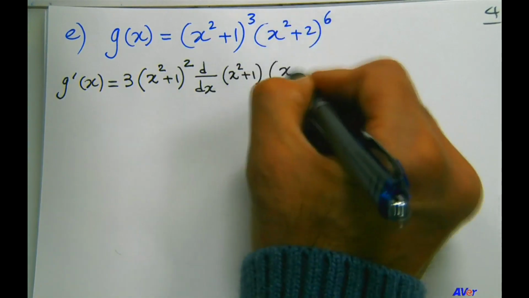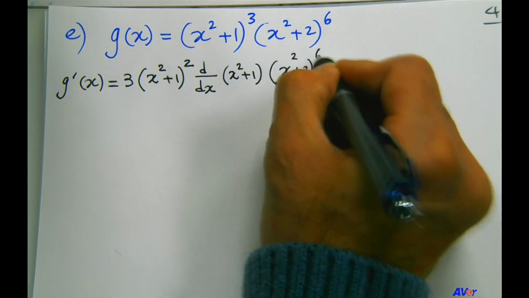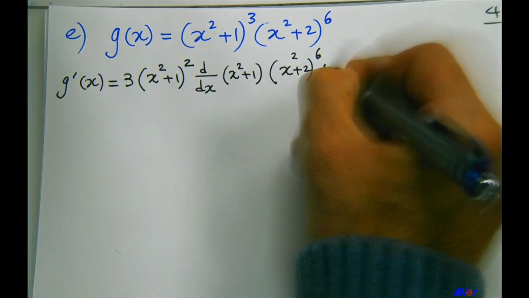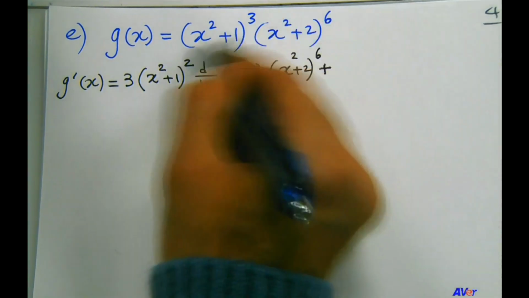times all of that, x squared plus 2 to the 6th power, plus, using the product rule, the derivative of this times this.